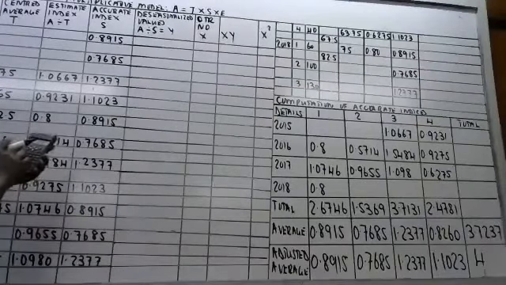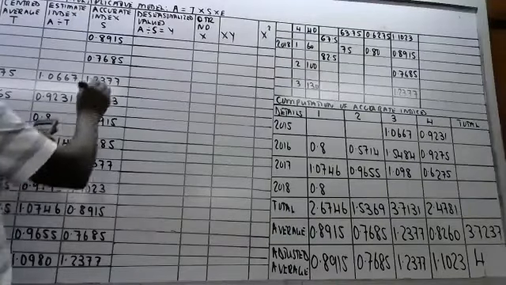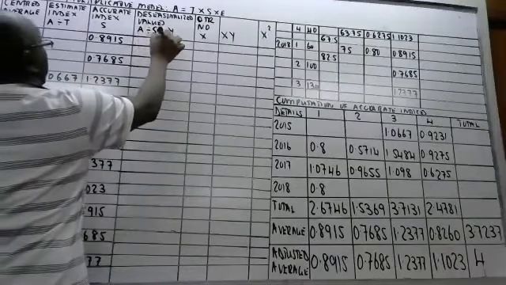So first it will be 70 divided by 0.8915, and that one is 79.